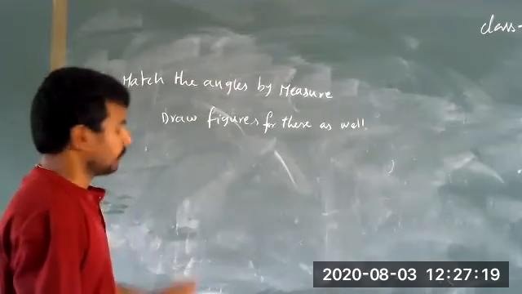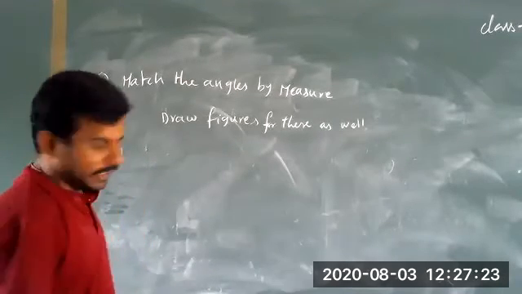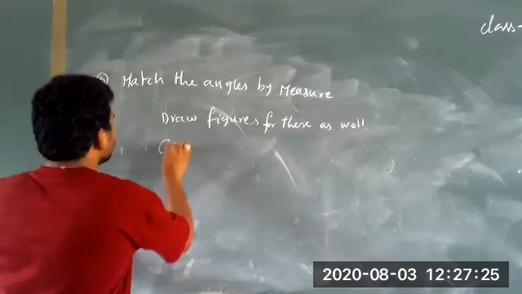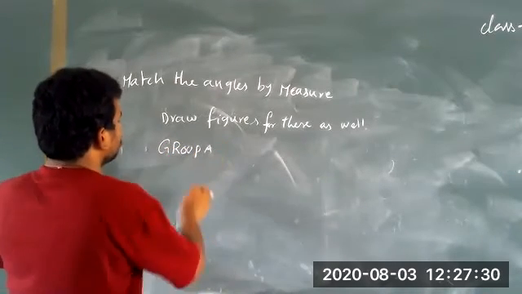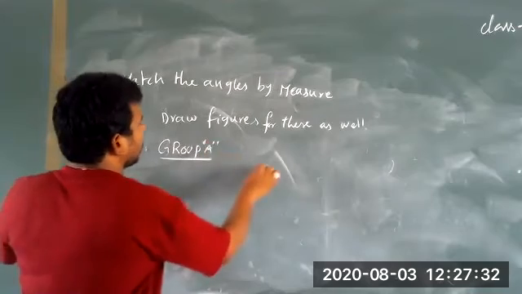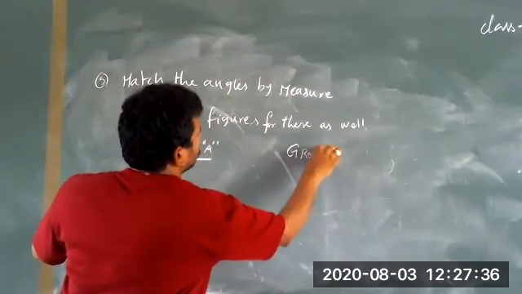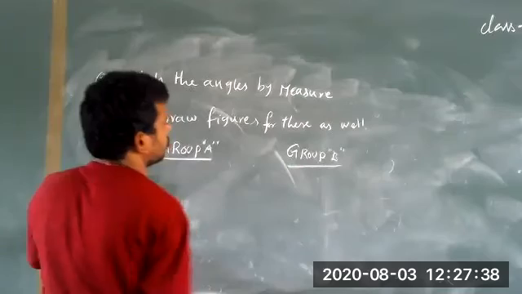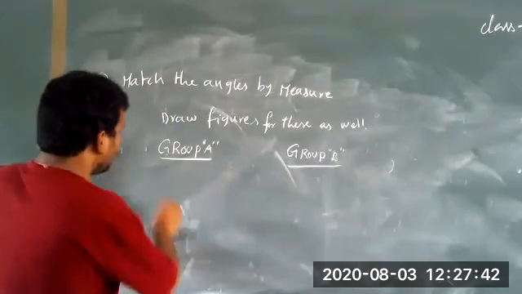Right, children. Group A: acute angle. Group B. Group A, group B. First one, acute angle.